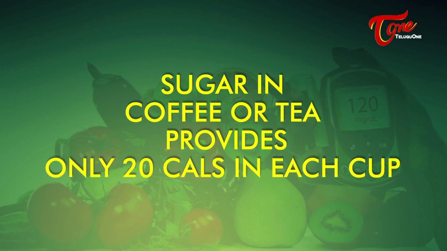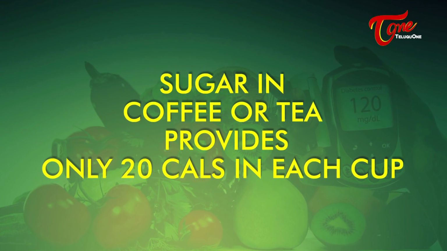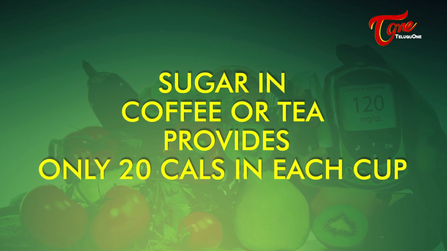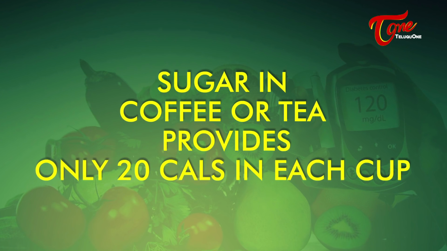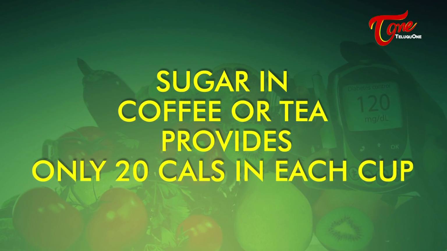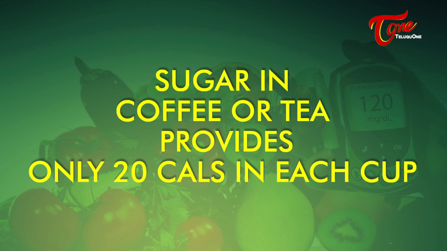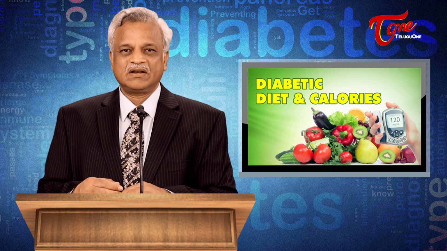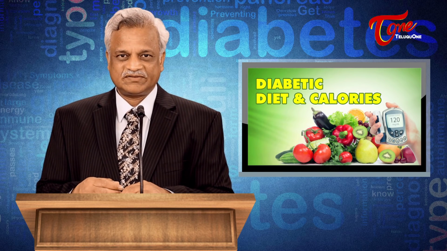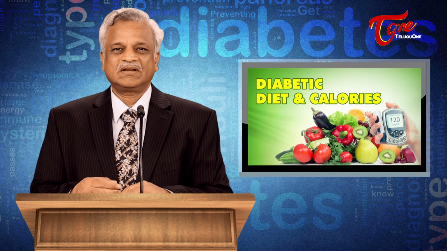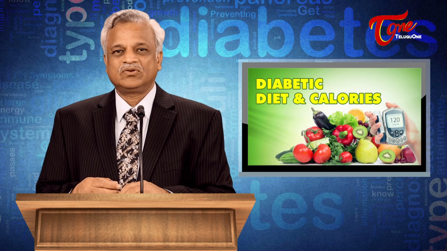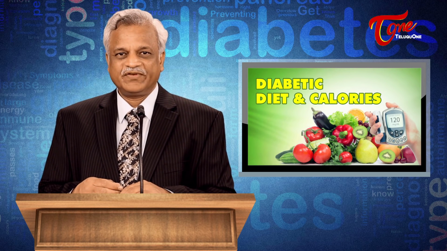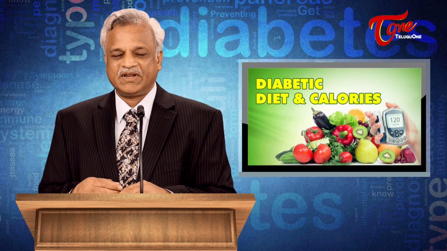One spoon of sugar provides you only about 20 calories. People don't take more than 4 or 5 cups; 4 is already a lot. So, 4 or 5 cups of coffee doesn't provide more than 100 calories of sugar-based calories. So, it's not really necessary to restrict sugar in coffee or tea if a person is diabetic.